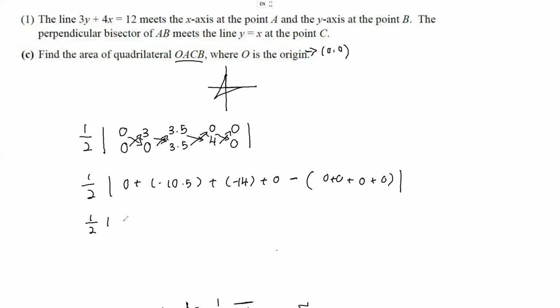After adding everything up, it will be negative 24.5. This modulus means that anything negative will become positive, since there's no negative area. So at the end, the answer will be 12.25 units squared. And that is C.